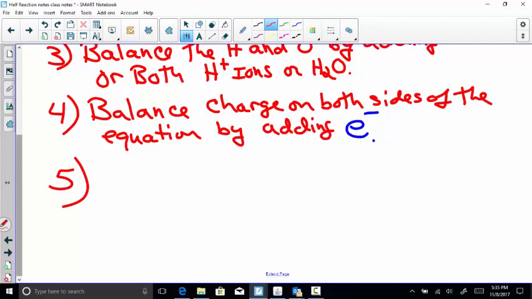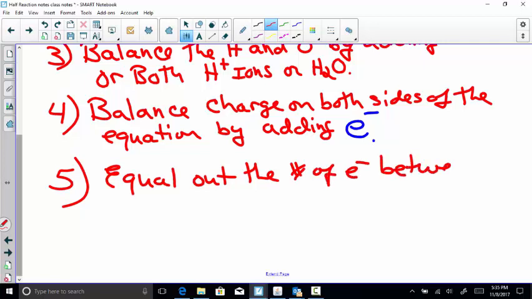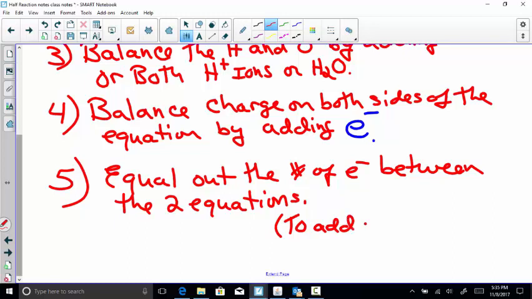Okay? Step 5 is to equal out the number of electrons between equations, because our ultimate goal here is we want to add the reactions together.